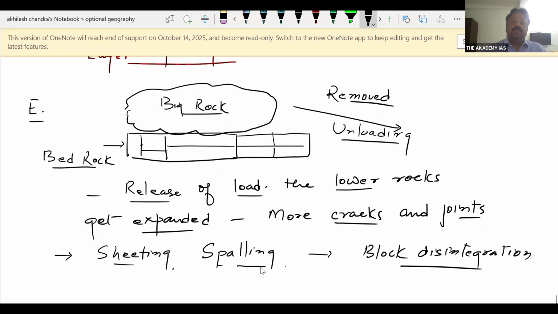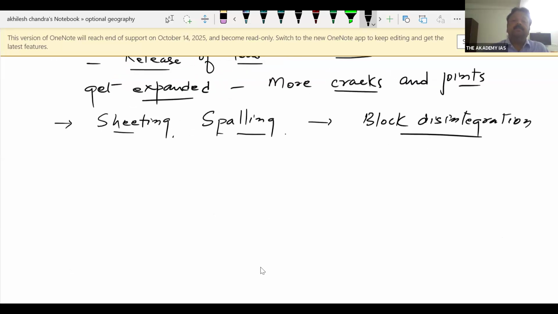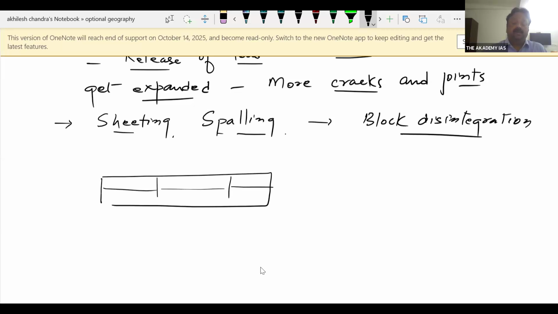Okay. What is sheeting? When the cracks are developed parallel with the crustal rocks. Suppose that these are the crustal rocks. Okay.